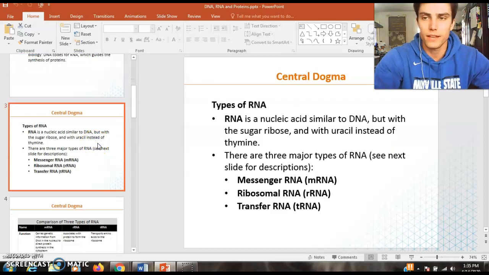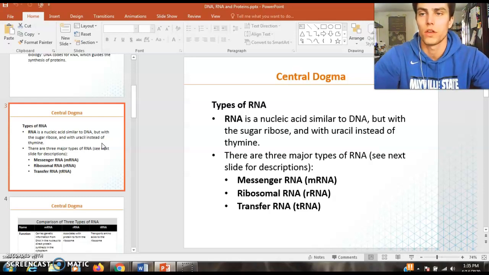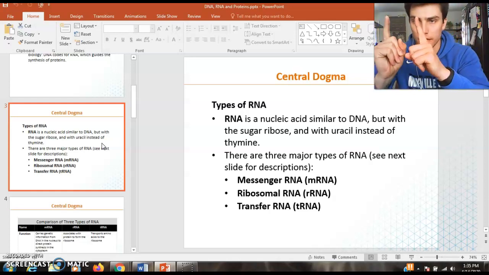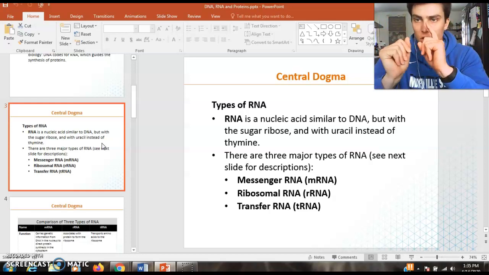Okay, so before we get into transcription, we have to know what RNA is and also if there are different types. RNA is a nucleic acid similar to DNA, but with the sugar ribose and with uracil instead of thymine. So if you are working with RNA, remember, in DNA, adenine and thymine matched up, and cytosine and guanine.